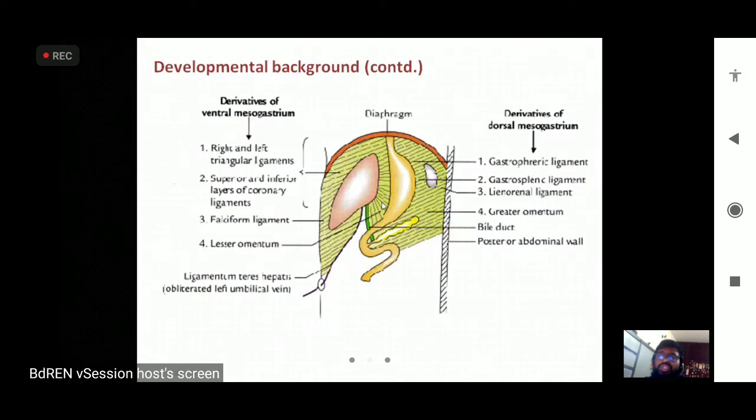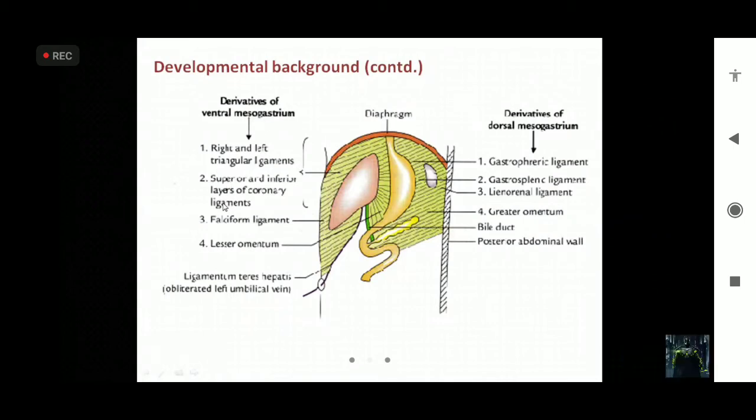So these are four things that are derived from the ventral mesogastrium: superior and inferior layers of the coronary ligament, right and left triangular ligament, falciform ligament, and lesser omentum. These are derived from the ventral mesogastrium. And the dorsal mesogastrium gives rise to four more things. The gastrophrenic ligament, gastrophrenic, that means from stomach to the diaphragm.